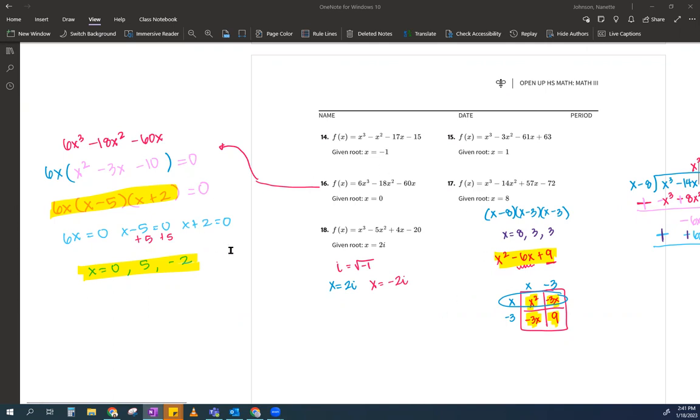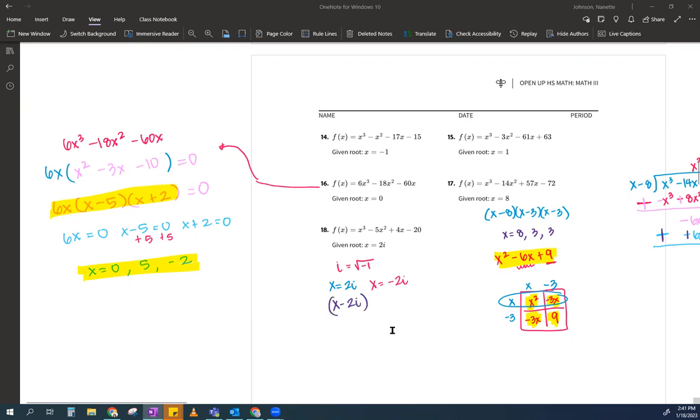So here we said, 5 is the root, x minus 5 was the factor. -2 was the root, x plus 2 is the factor. x equals 8 is the root, x minus 8 is the factor. You guys all see that pattern? Very good. So this factor is going to be x minus 2i.